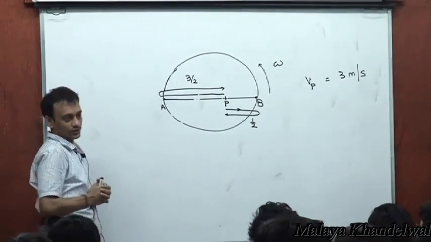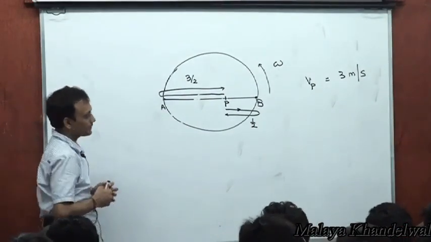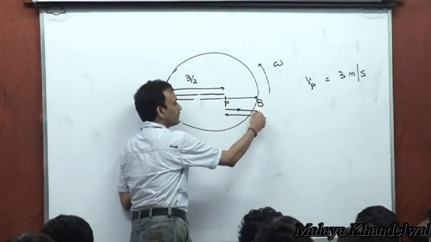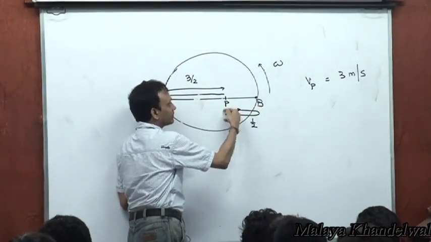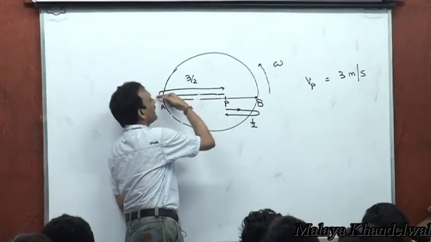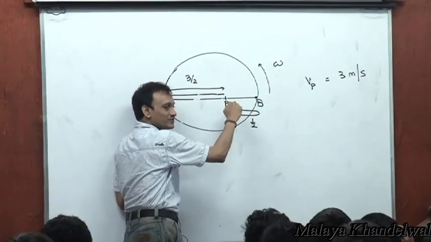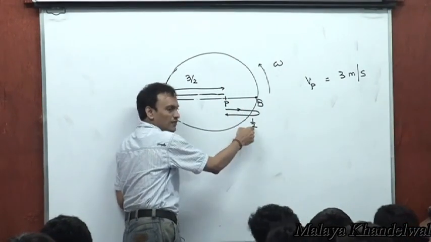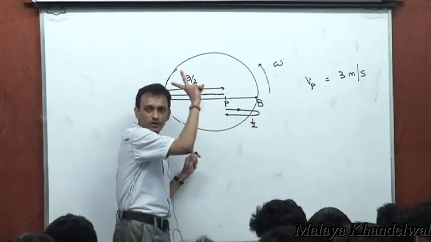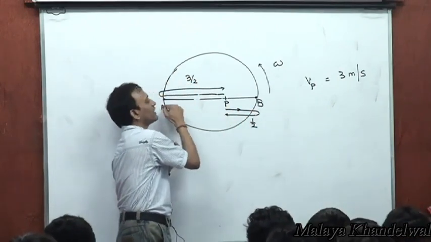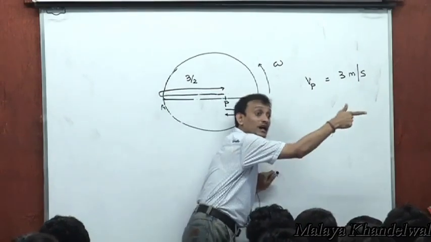Now one thing for sure: P to B, B to P takes half a second, and then to A and back to P takes 3/2 seconds. What's the time period of motion? 3/2 plus half, 2 seconds is the time period of motion. Do you realize that? This and then back to P with the same kinematic status.